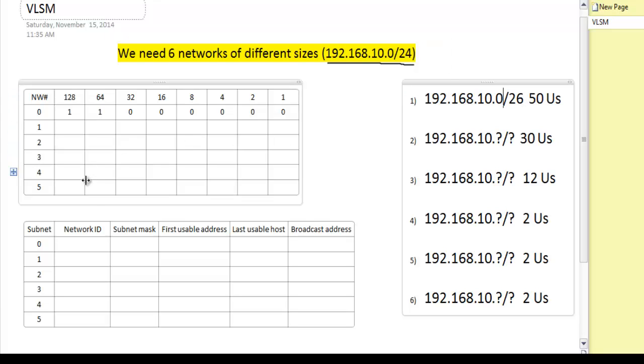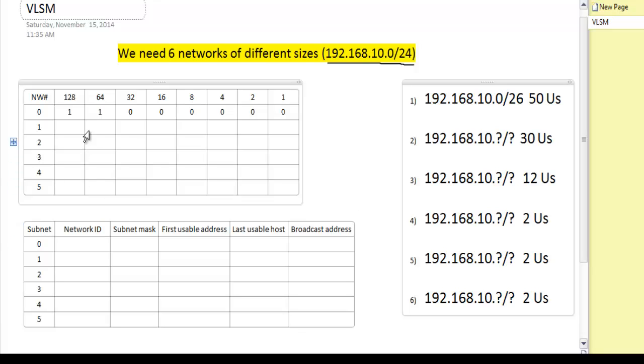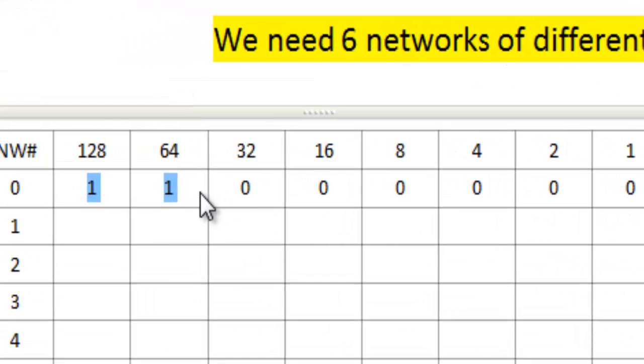So now if we need here to give the subnet mask, because this one here is class C, the default subnet mask of class C is 255.255.255.0, but for this one here, because we borrowed 2 bits, and those 2 bits are the 128 and 64.